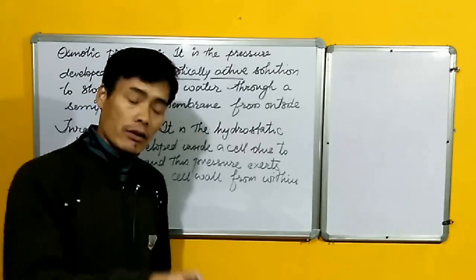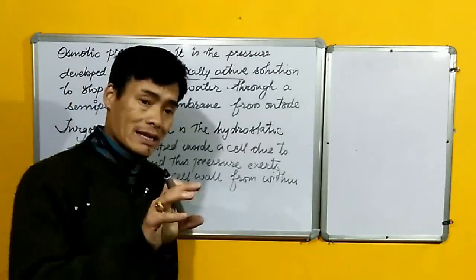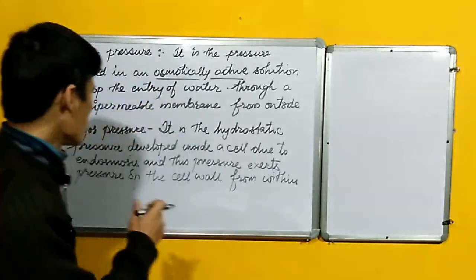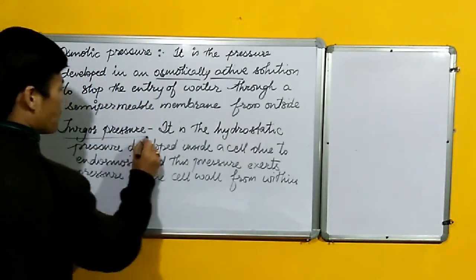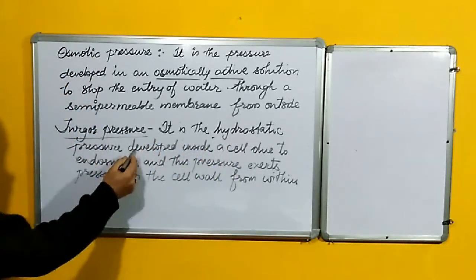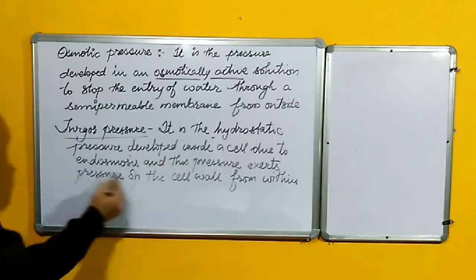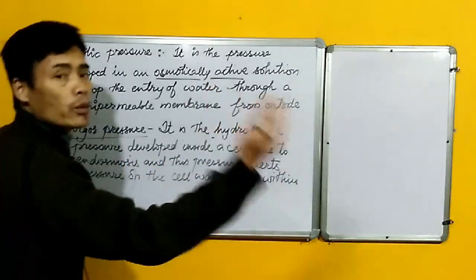This impingement of the hydrostatic pressure onto the cell wall is referred to as turgor pressure. So it is nothing but a hydrostatic pressure developed inside a cell due to endosmosis, and this pressure exerts pressure on the cell wall from within.